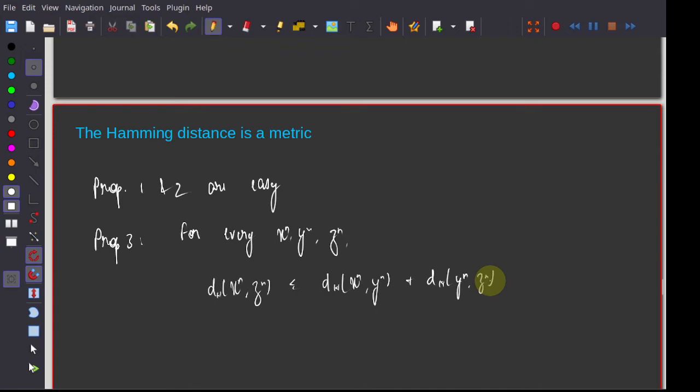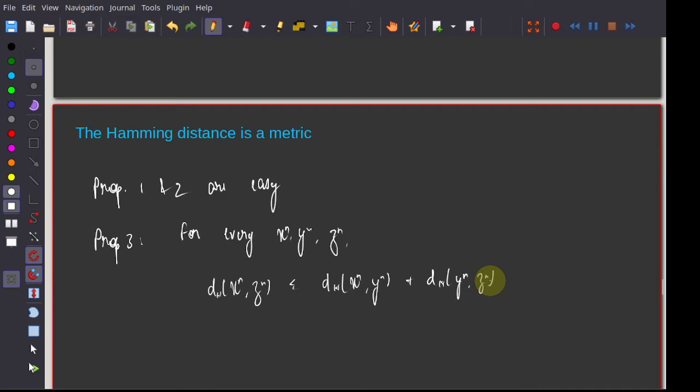Can you think about it and get more precise? So remember that the Hamming distance is not just any number of changes that you need to make.